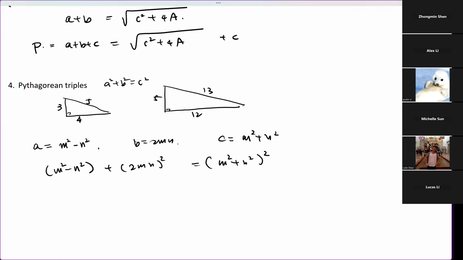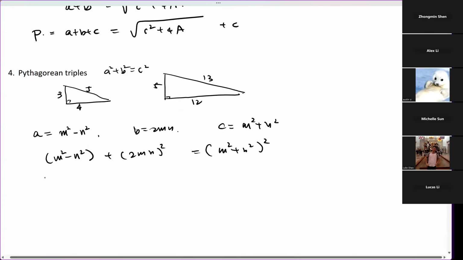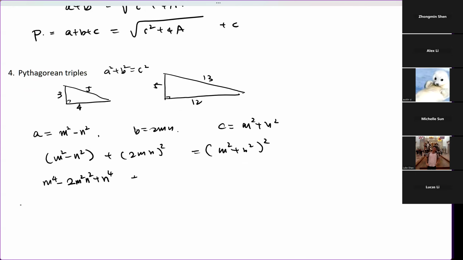And you can check easily. Here's m to the fourth power minus 2m squared n squared plus n to the fourth power. Here's 4m squared n squared. And the right hand side. So you compare both sides, you find that they're equal.